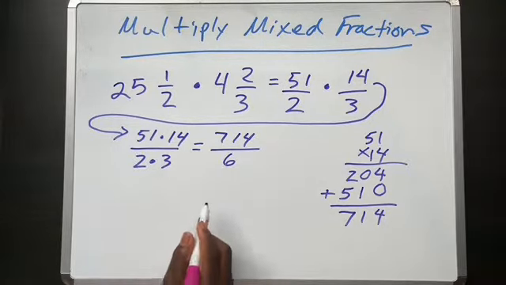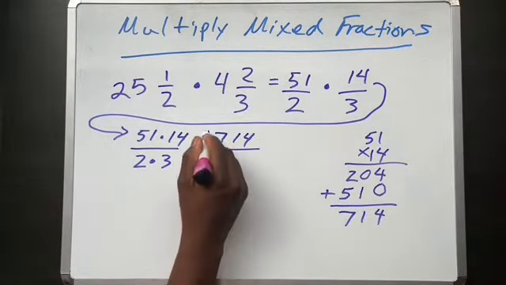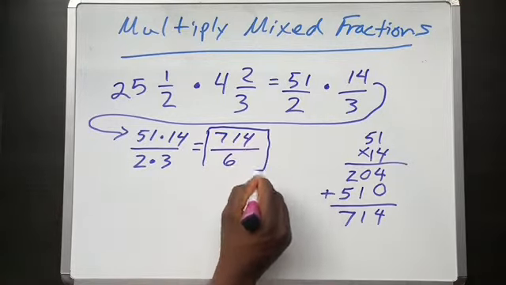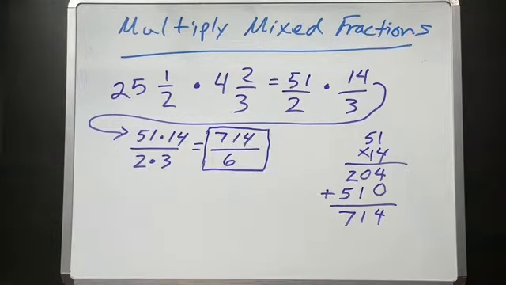So that means this is an acceptable answer if your teacher allowed you to give your answer as an improper fraction. But what if your teacher wanted you to give the answer as a mixed number? Then we'd have to do some long division. So I'm going to do long division in a different color.